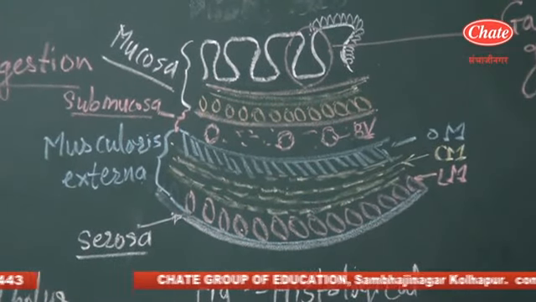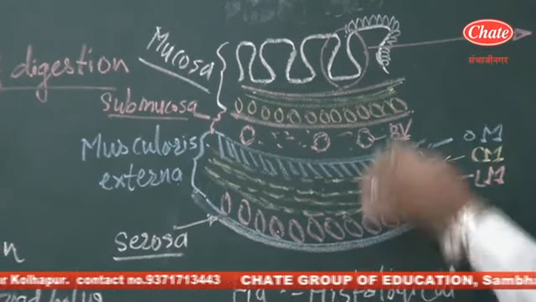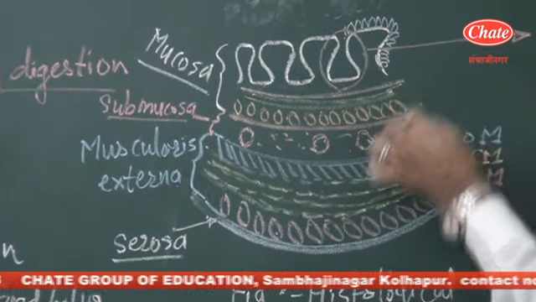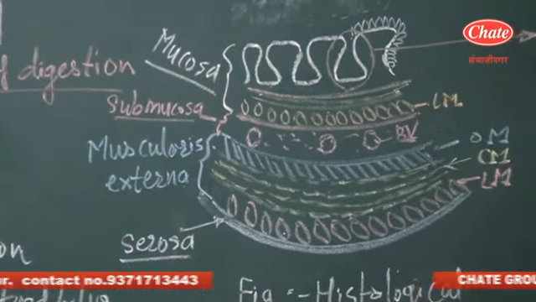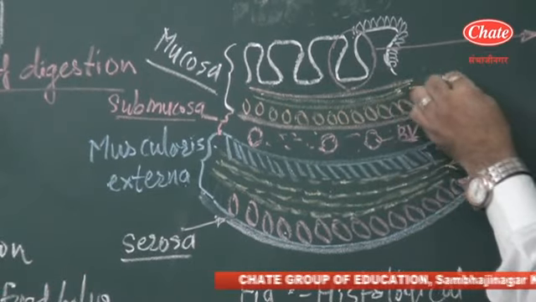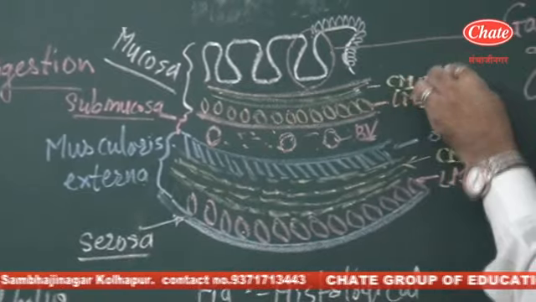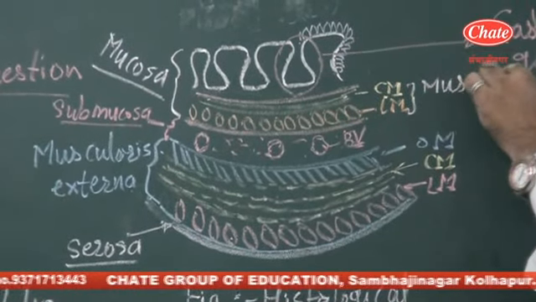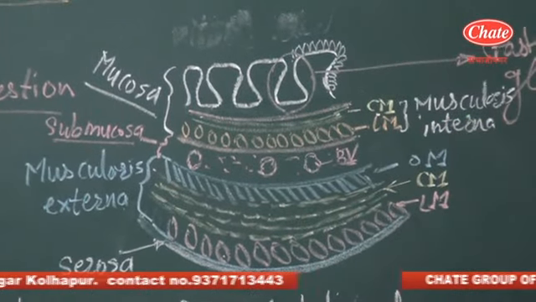Inner to the muscularis externa is the submucosa, which consists of blood vessels, nerve endings, and connective tissue. Inner to this is the mucosa, which further consists of longitudinal muscle and circular muscle. This longitudinal and circular muscle forms a layer termed the muscularis interna.